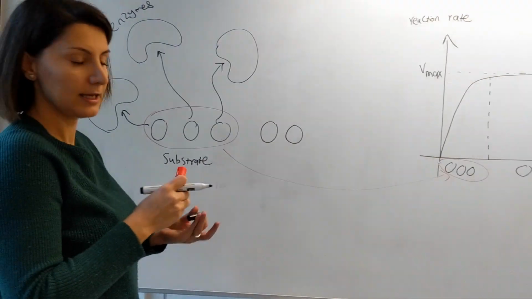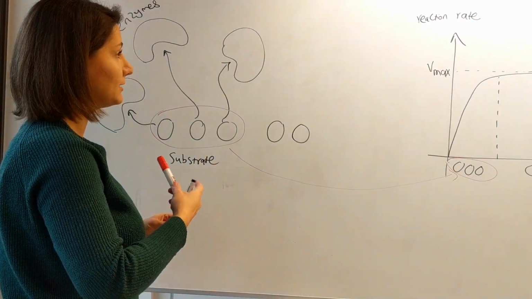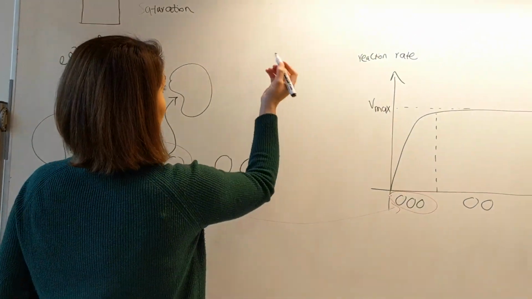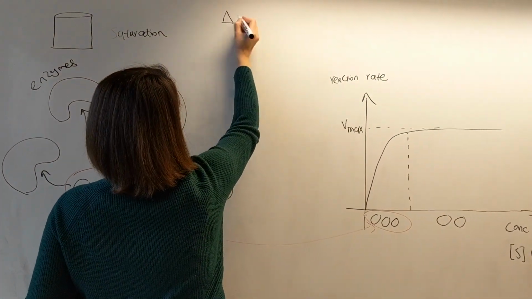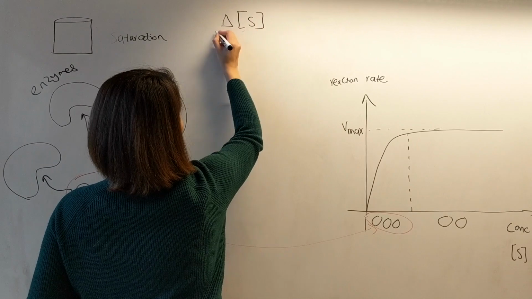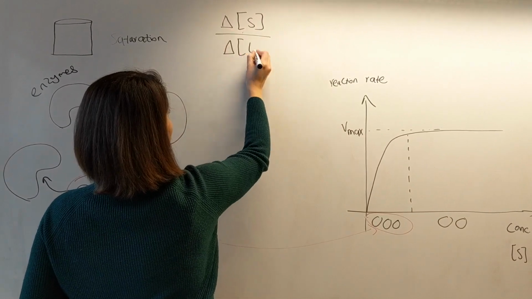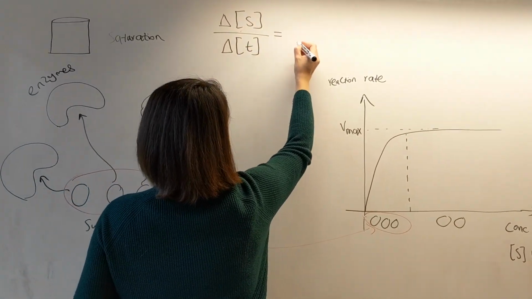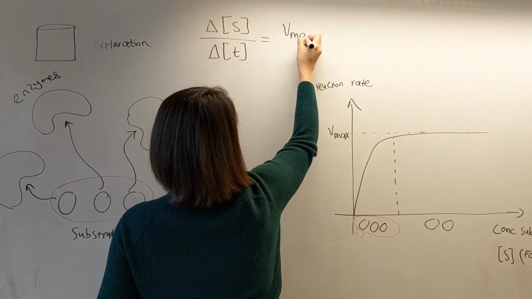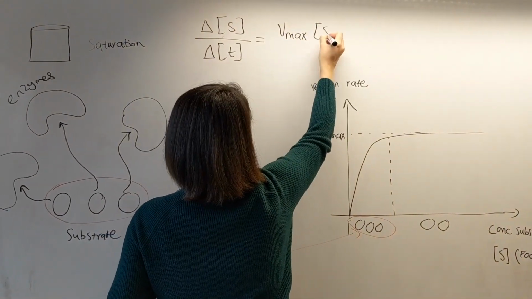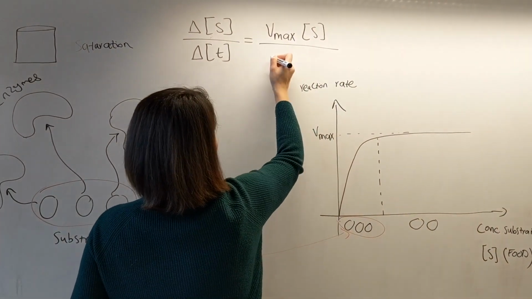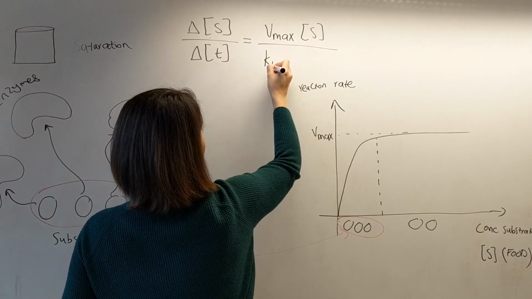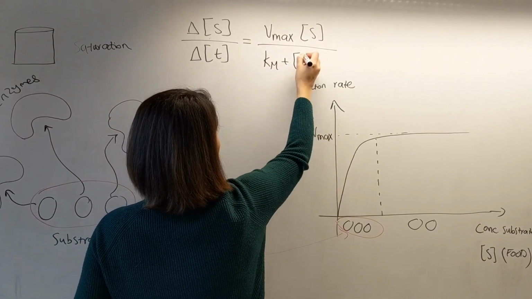Then let's see how we can describe it through a very simple mathematical model. We show the change in the concentration of S over time, and we use Michaelis-Menten kinetics. So Vmax times the concentration of the substrate divided by Km plus the concentration of the substrate.